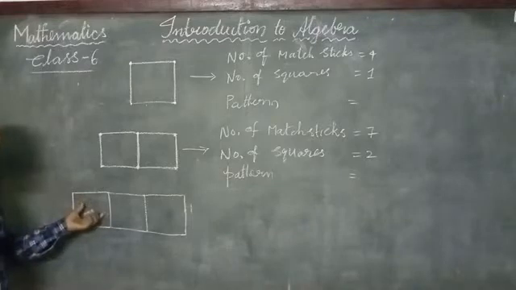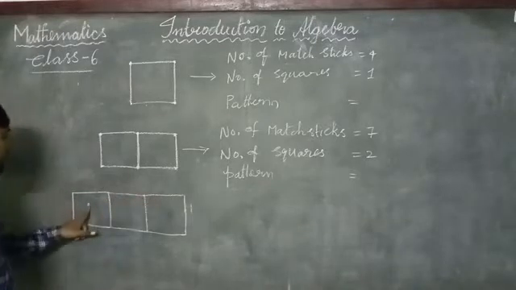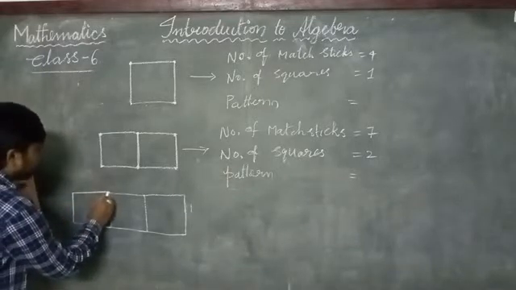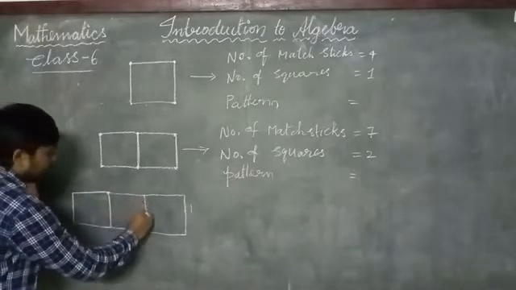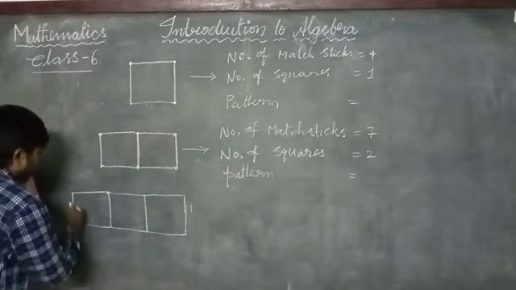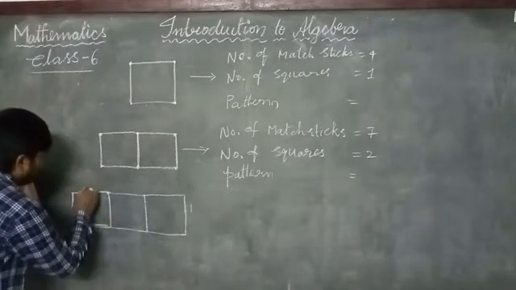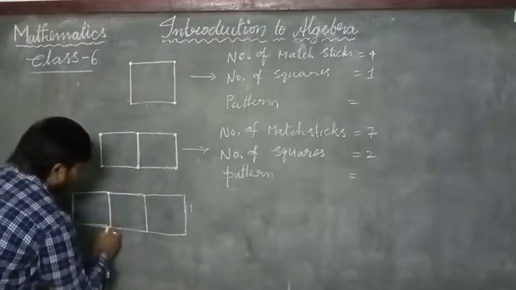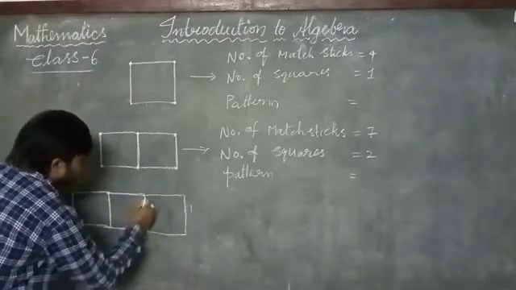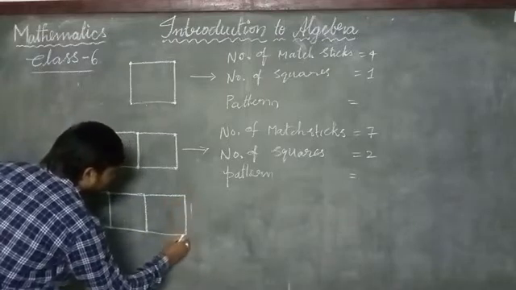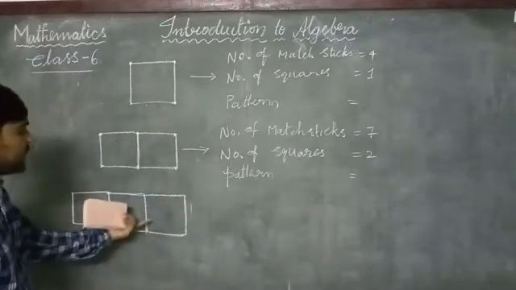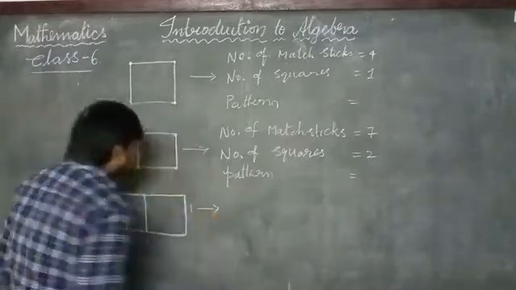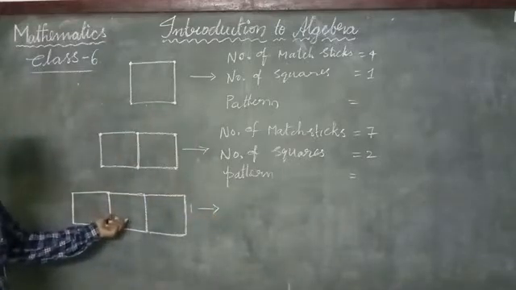In this figure there are 3 squares: 1, 2, 3. But how many matchsticks are required? There are 2 common matchsticks in the 3 squares. Now let us see: 1, 2, 3, 4, 5, 6, 7, 8, 9, 10. There are 10 matchsticks. With 10 matchsticks, we can draw 3 combined squares.